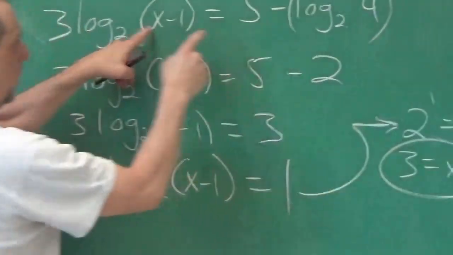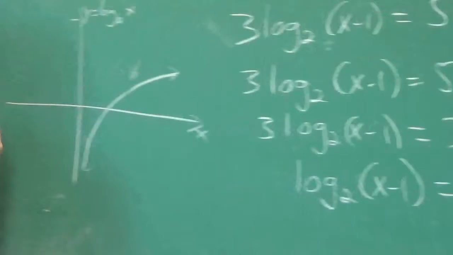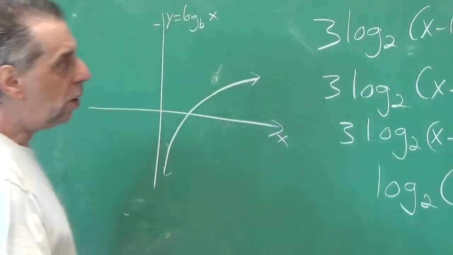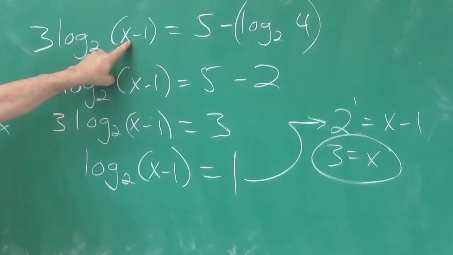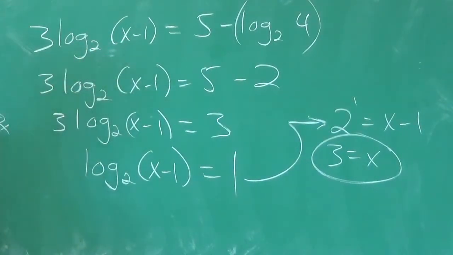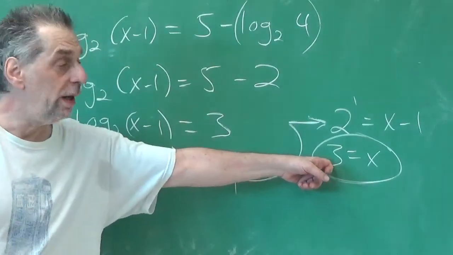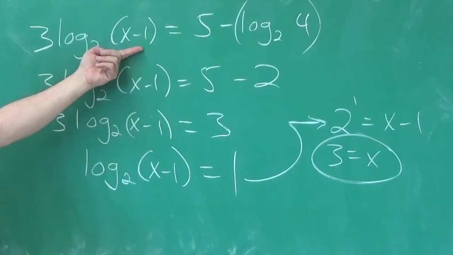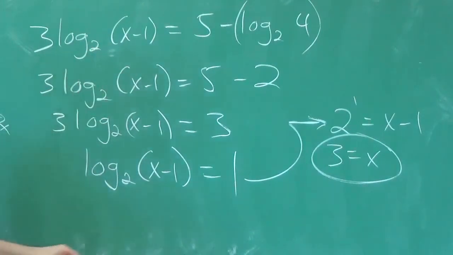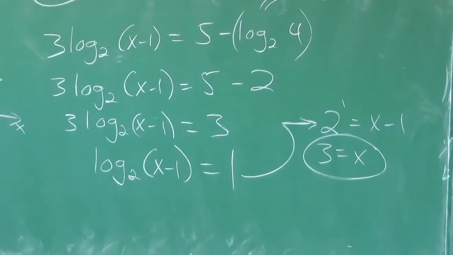If your answer gives you the logarithm of something less than 0, then it doesn't exist. But we're okay here because the 3 goes in here and gives you a 2, which is okay. But check your answers for logs. If we came up with 0 here, we couldn't accept it because then we get the logarithm of -1, which does not exist. So it's very important to check your answers when you're dealing with logs because of that restricted domain.